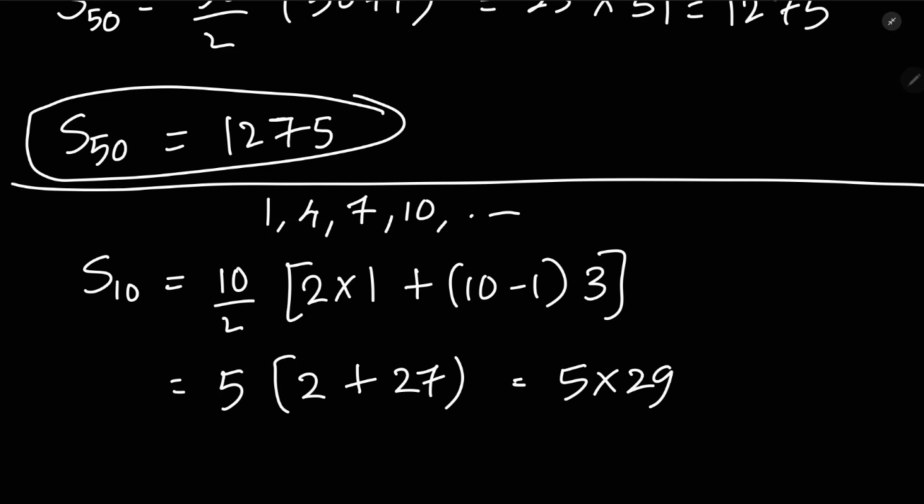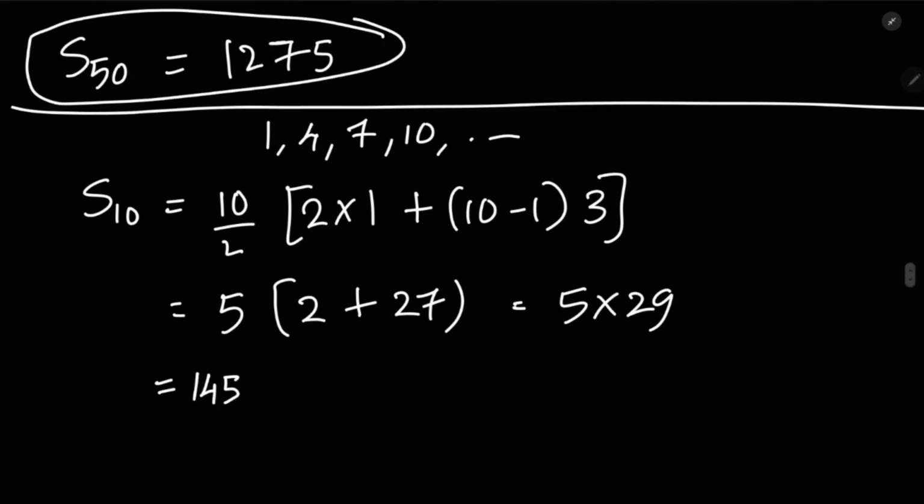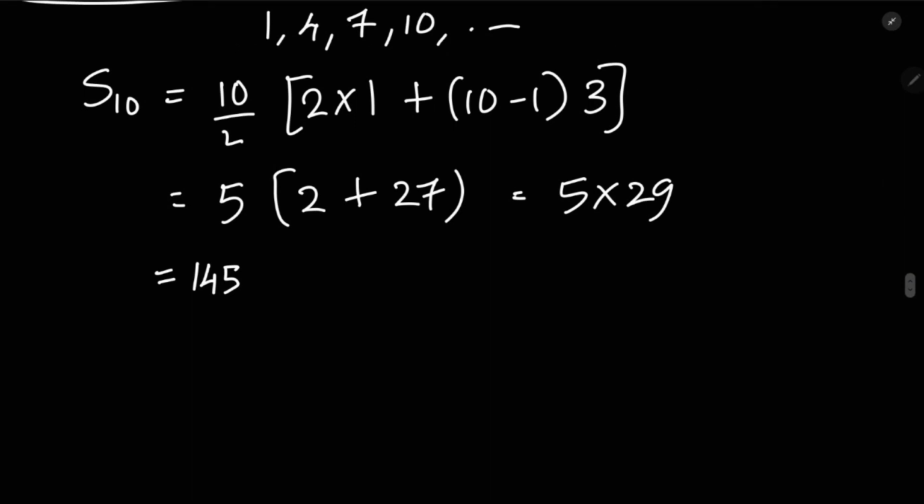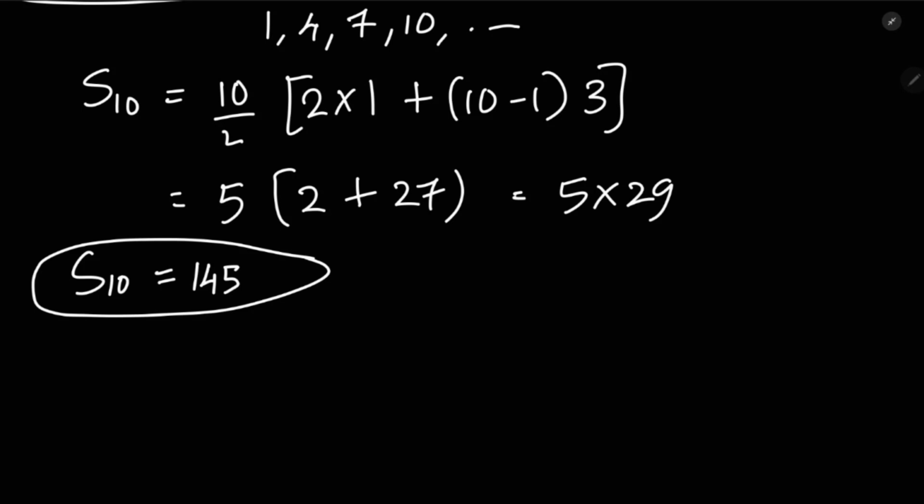Let me calculate that quickly. 5 into 29 is 145. So if you add the first 10 terms of this sequence, you get 145. So I'll just write this explicitly because this is just n equal to 10.